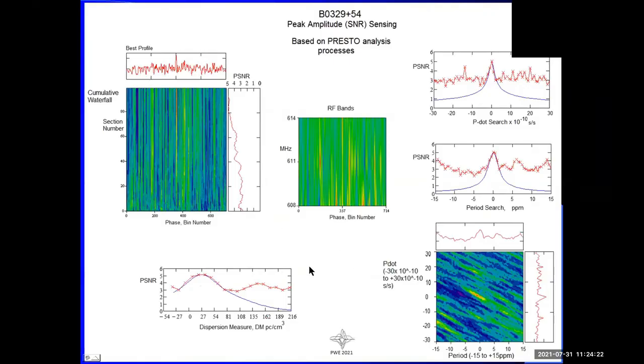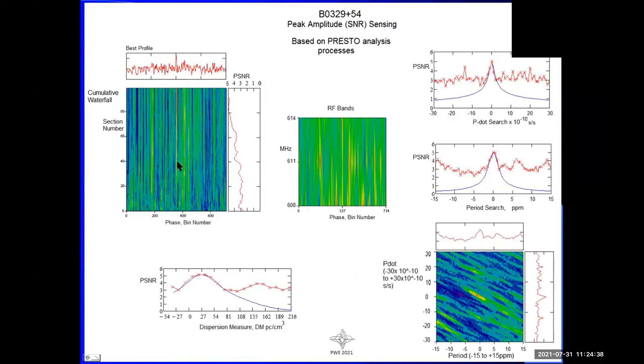Okay, we put all that together so that I've copied the prepfold plots now. And here you can see the best profile.